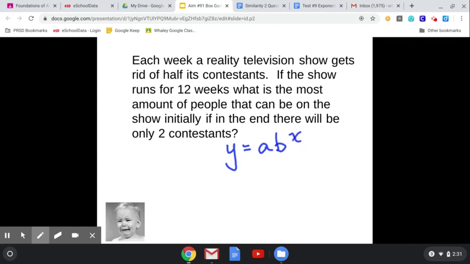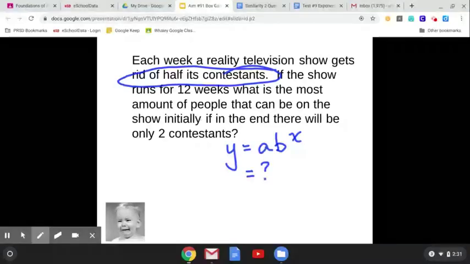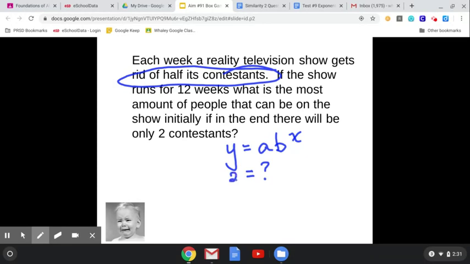Now you're going, well, why didn't you use the 1 plus R formula? Well, I didn't use that formula because it's telling me that they get rid of half of the contestants each week. Not a percentage, but half of them. So what I don't know is my initial amount, A. I know at the end we want to have 2 people. And we get rid of half the people over 12 weeks.